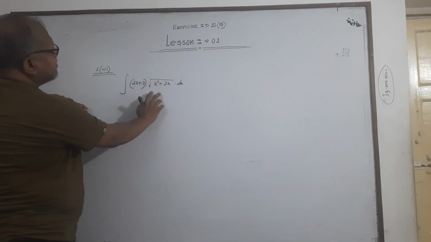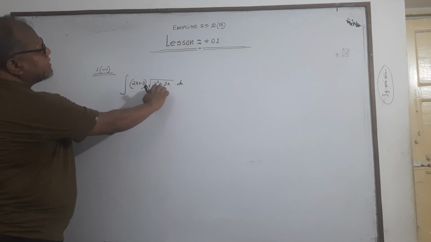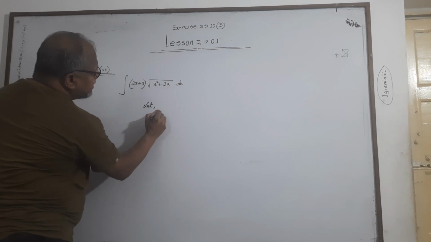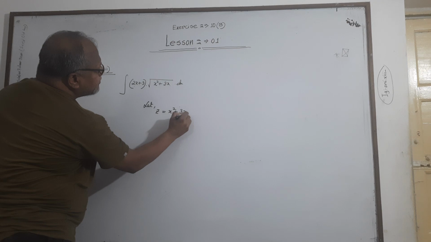So I can consider the inside of the root part, x square plus 3x, as z. So let z equal x square plus 3x.